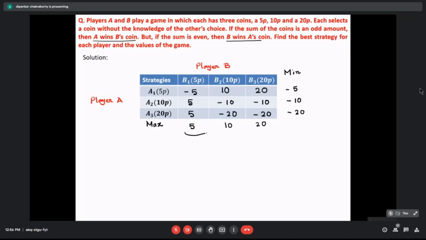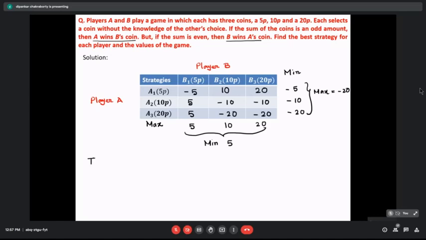Then we find the minimum of here, that is 5, and the maximum of here, which is minus 20. So you can see that minimax is not equal to maximin. That means the game does not have any saddle point.